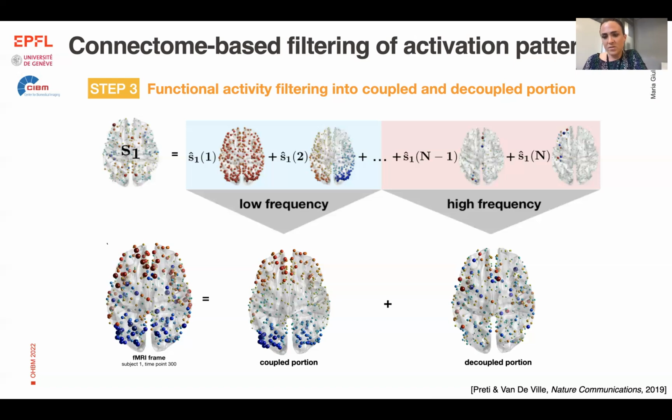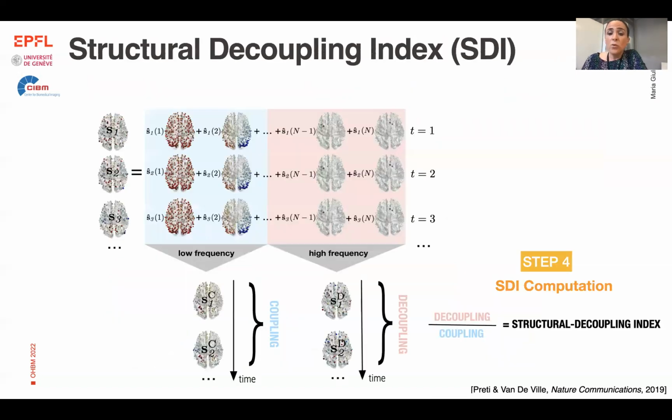We do this decomposition into low frequency and high frequency for each time point, and what we find is therefore two time courses, one that is coupled and one that is decoupled from the structure, for each node of the brain. Then we aim to quantify this coupling and decoupling for each node.